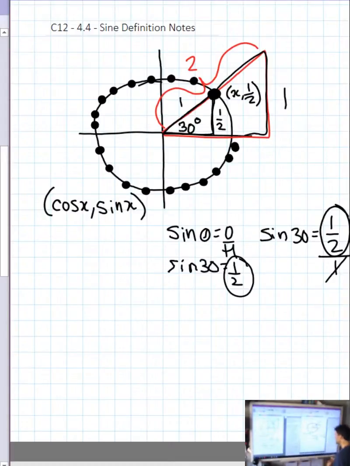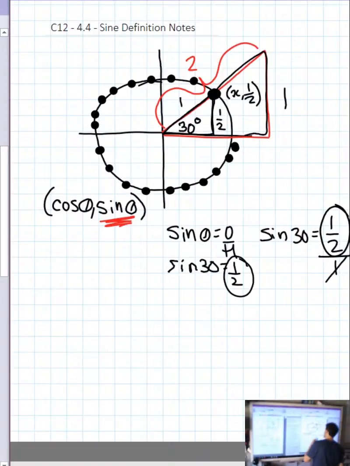So whatever the sine of 30 is, in a triangle with a hypotenuse of 1 inside the unit circle, sine theta, or sine x interchangeably, is simply, you know what, I'm going to go back to theta for this purpose because it does get confusing. Cos theta is the x value, sine theta is the y value.